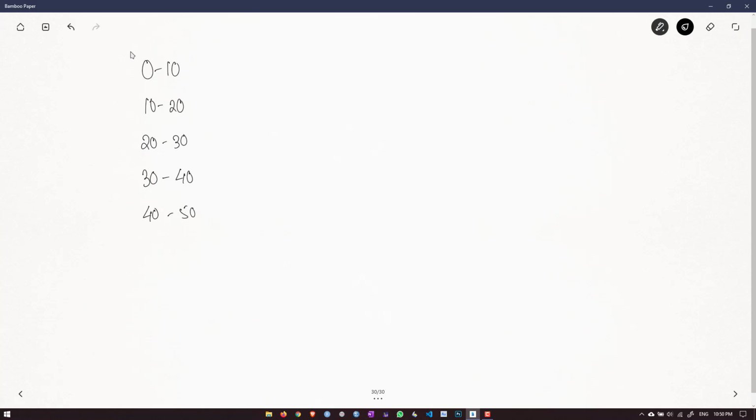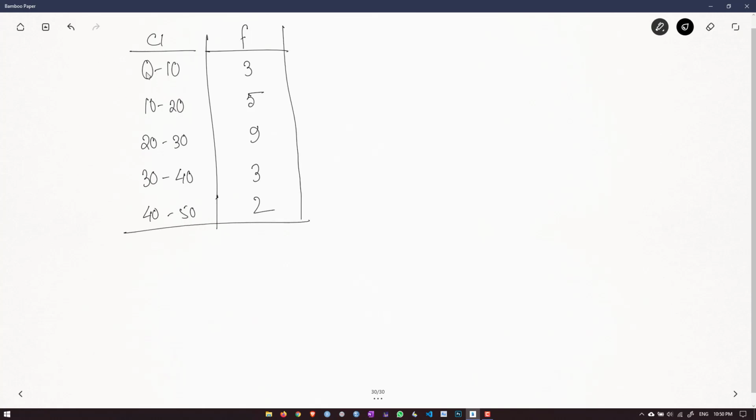These are the class intervals, and we have certain frequencies: 3, 5, 9, 3 and 2. You can assume that this is a class test of 50 marks, and these are the number of students who scored marks between these different ranges, right?